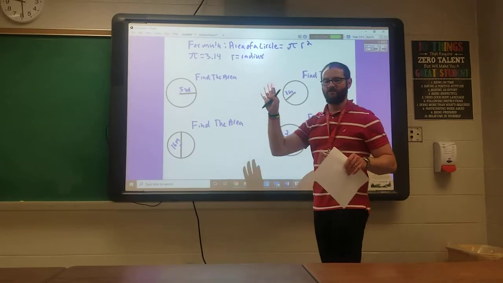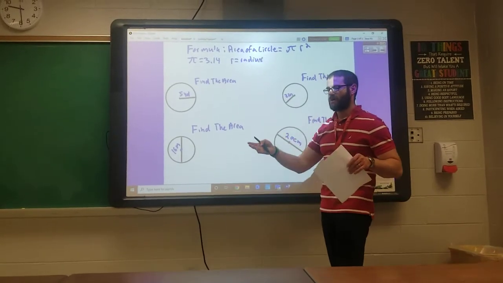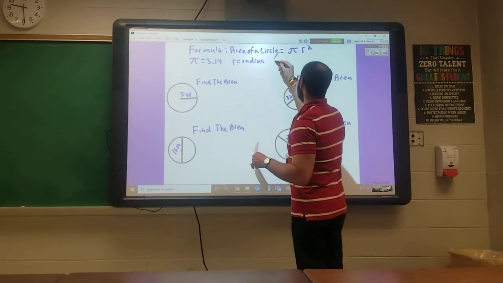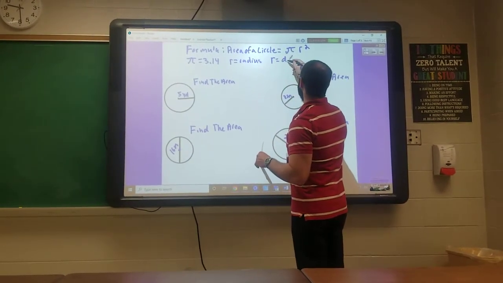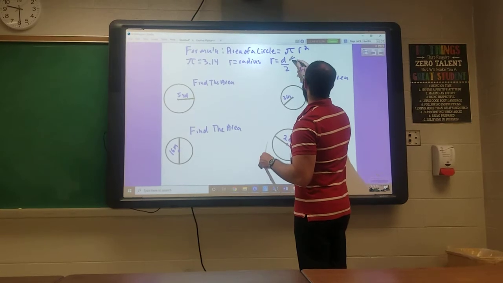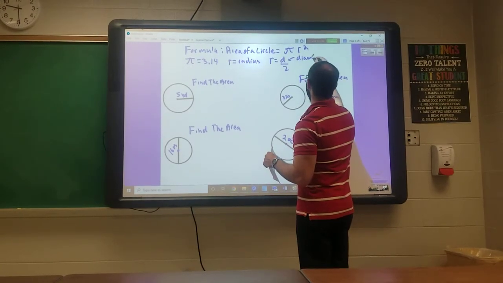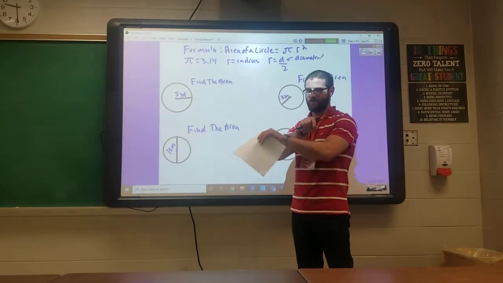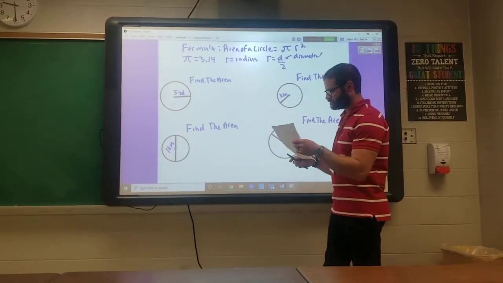So sometimes we're going to be given the diameter, but when we're looking for area, we have to convert that to the radius. So the radius is equal to the diameter divided by 2. Remember, radius is half the distance across a circle, diameter is the whole distance across a circle.